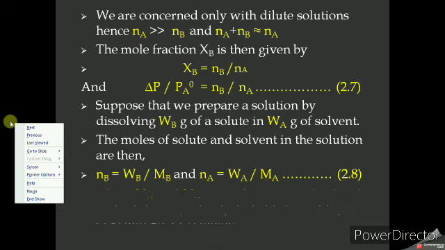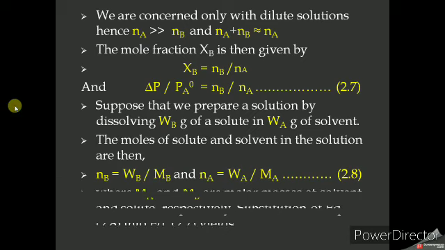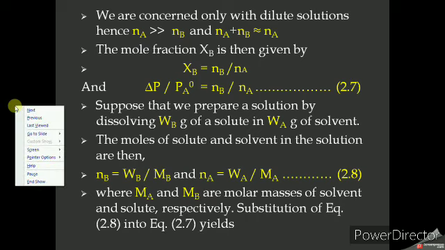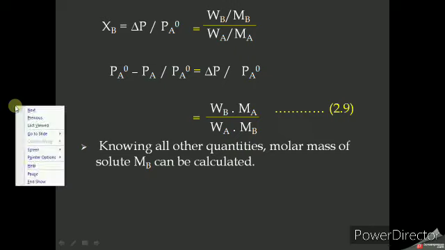Okay, then what is our equation 2.5? So substituting the value of Na and Nb in the above 2.7 equation, what do we get? Our equation becomes XB is equal to delta P divided by PA0 is equal to NB divided by Na, which is equal to WB divided by MB divided by WA divided by MA.